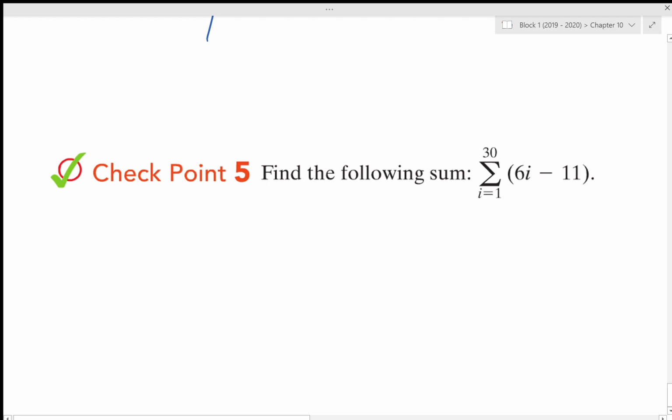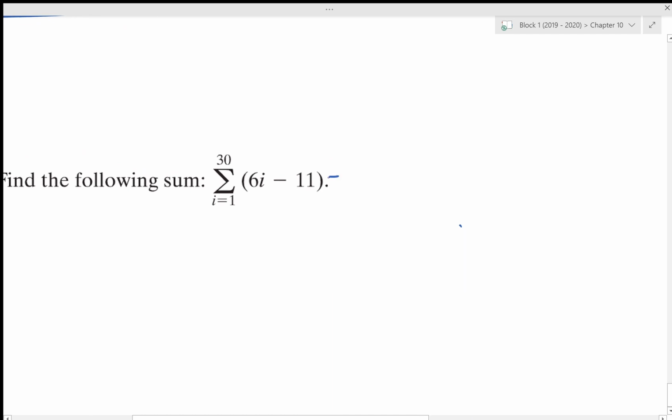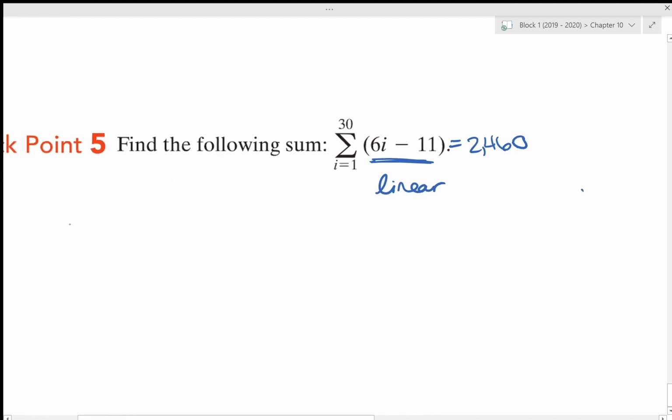All right, so hopefully you paused the video and tried it on your own. If you did, you should have gotten an answer of 2,460. And this is why. You see your pattern is a linear function, so you can use the arithmetic series formula. Your lower limit is 1, your upper limit is 30.